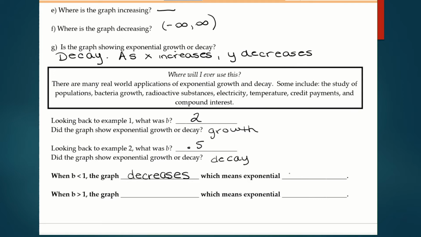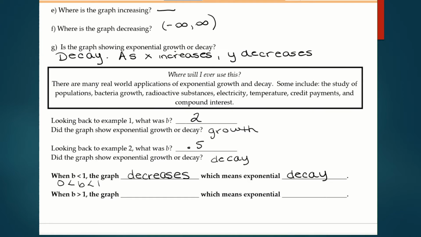And this means it's an exponential decay. So this is always going to be the case. And I'm going to make this just a little bit different. So when b is less than 1, we'll say when b is between 0 and 1, because it's very rare that you see a negative b, but just in case. So when b is between 0 and 1, we call this a decreasing function and it's an exponential decay.